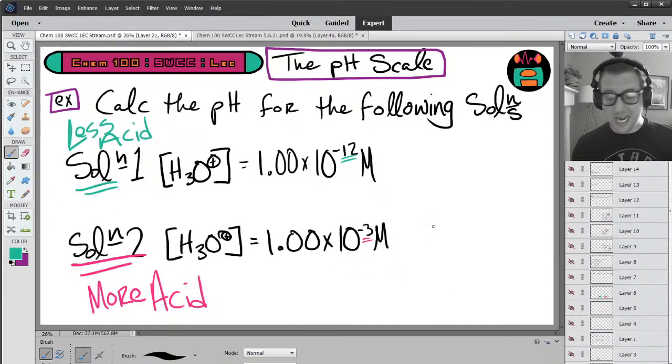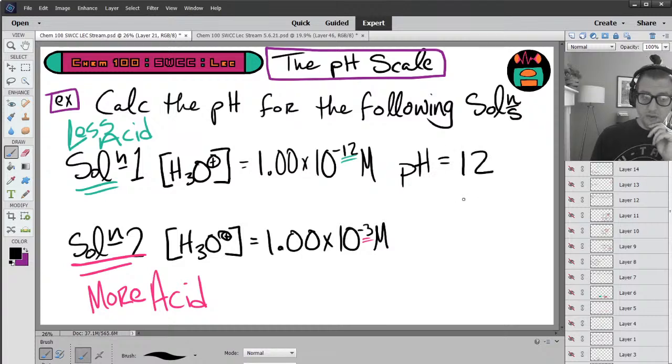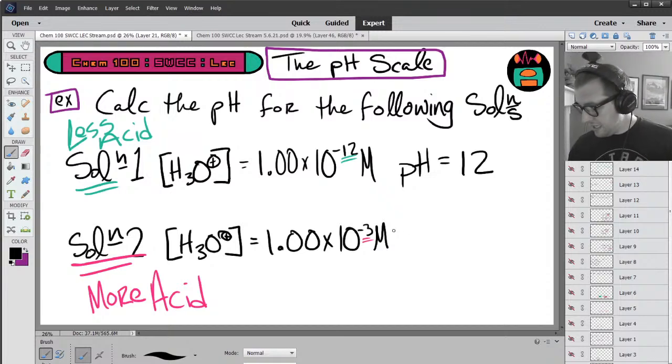All right, now let's calculate our pHs. So 1 times 10 to the negative 12 gives us a pH of 12, and 1 times 10 to the negative third, take the logarithm of that.